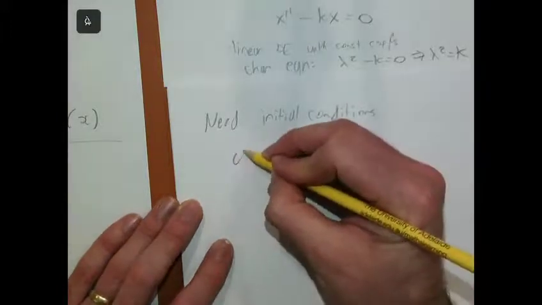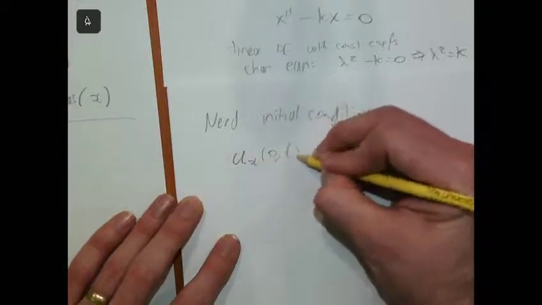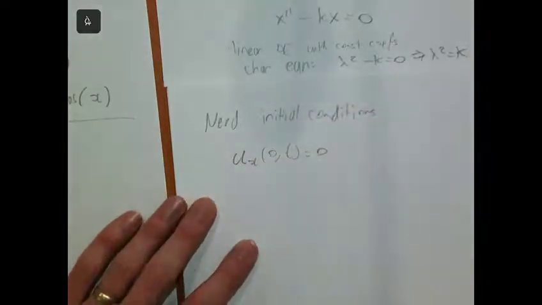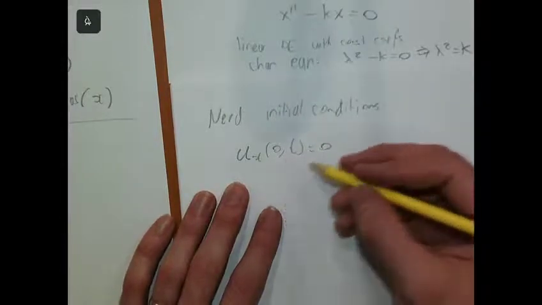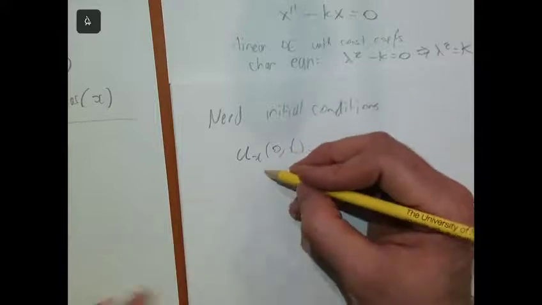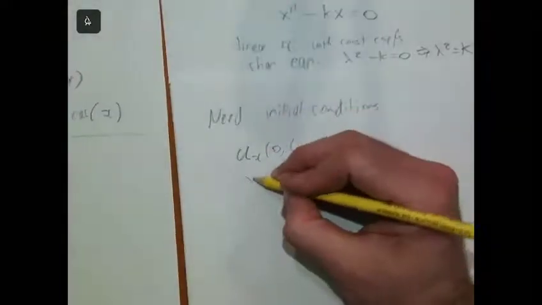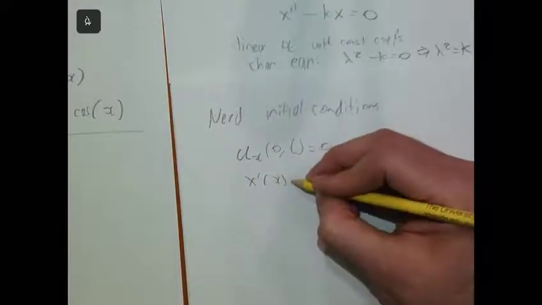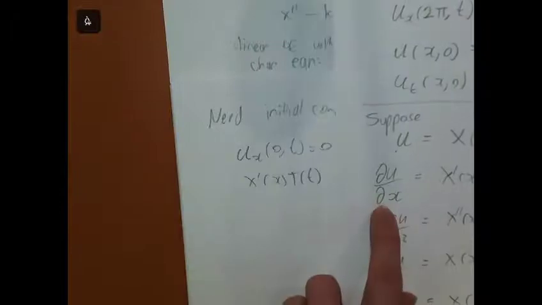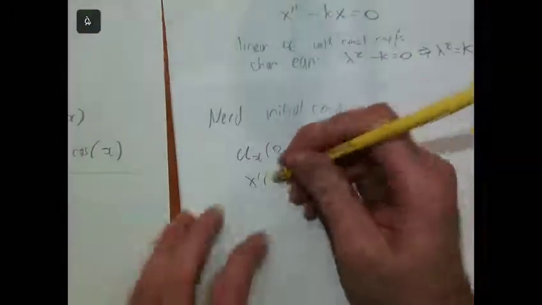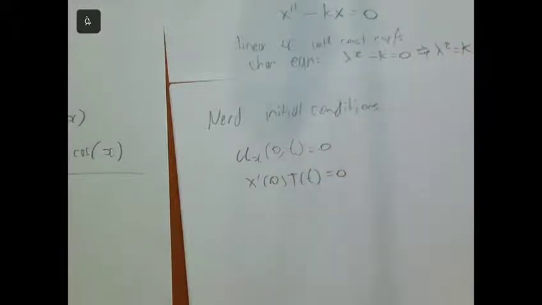So I know that u(x, 0, t) equals 0, and u_x is du on dx. That's X dashed of x times T of t, because that's what du on dx is. But the x is 0, and that comes out to 0.